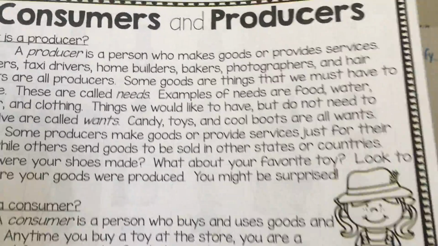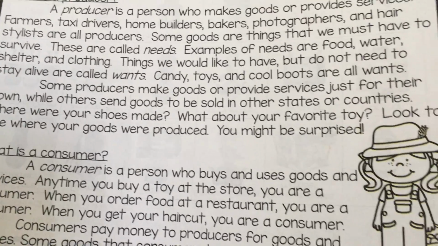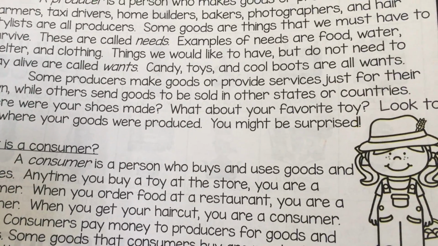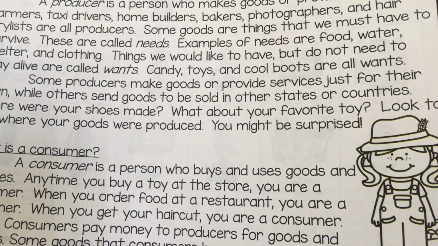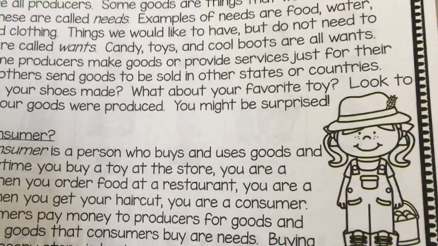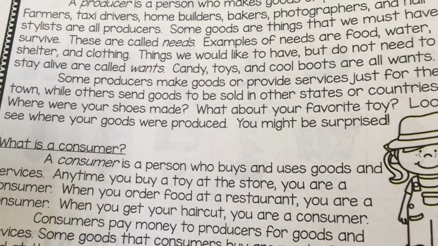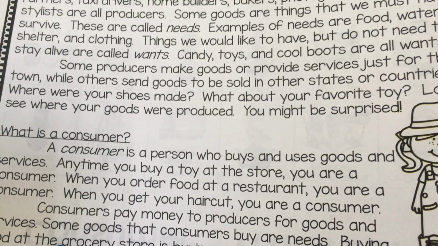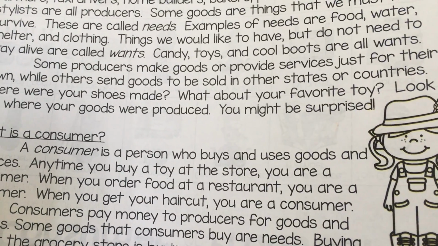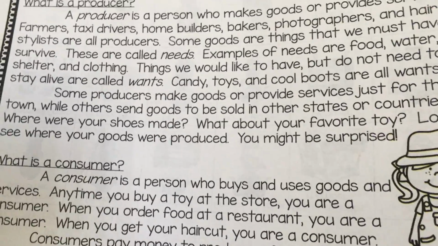Now, some producers make goods or provide services just for their town, while others send goods to be sold in other states or countries. Where were your shoes made? Think about that. What about your favorite toy? Look to see where your goods were produced. You might be surprised.